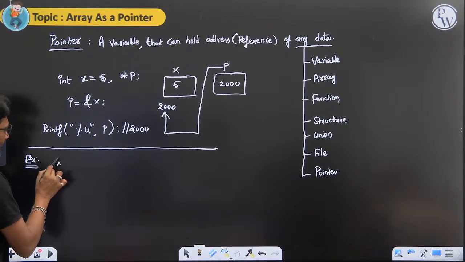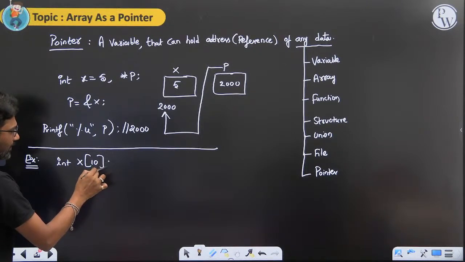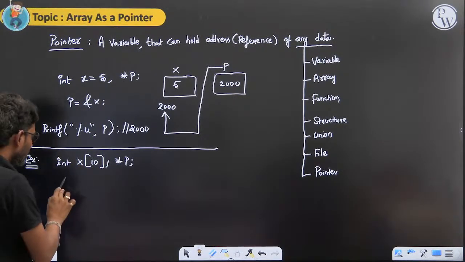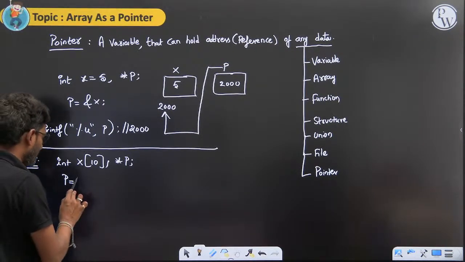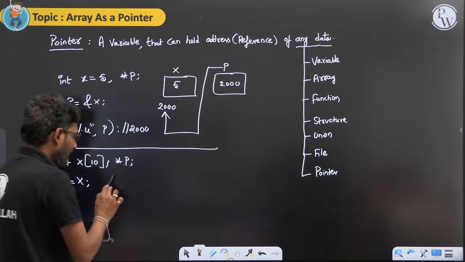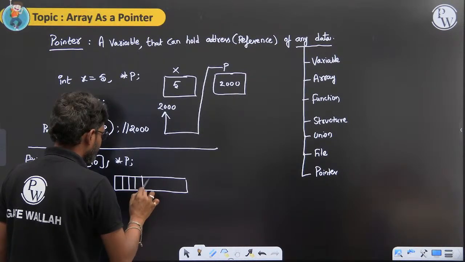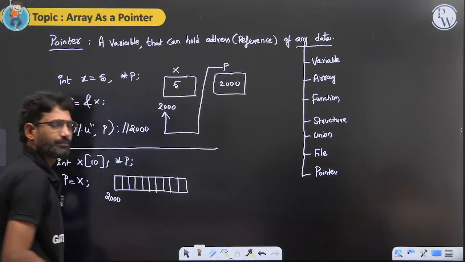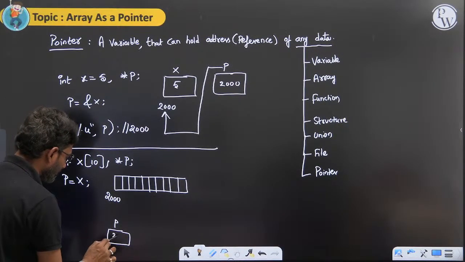Suppose I am creating an array x of 10, and one pointer p. Now what I am doing is p = x. Let this array's base address be 2000 and p is holding this 2000.